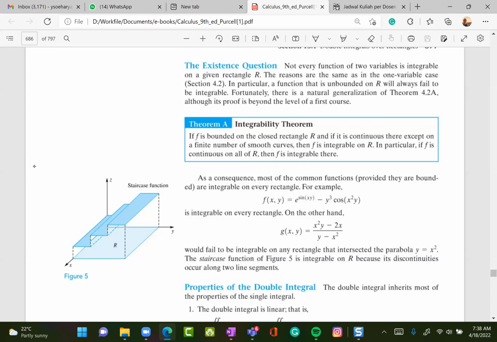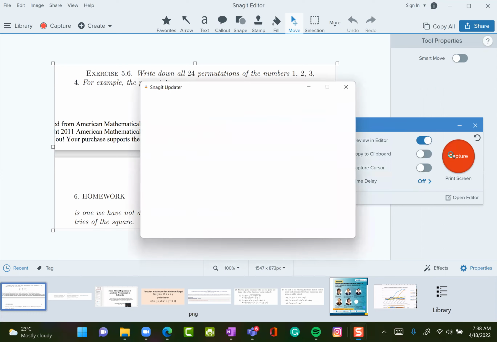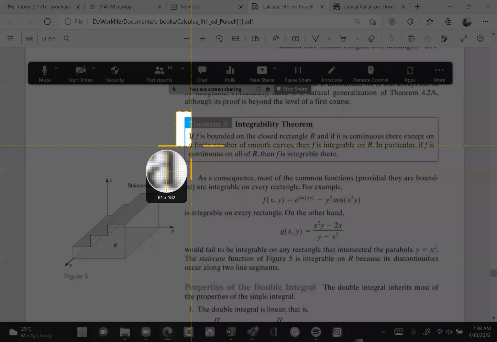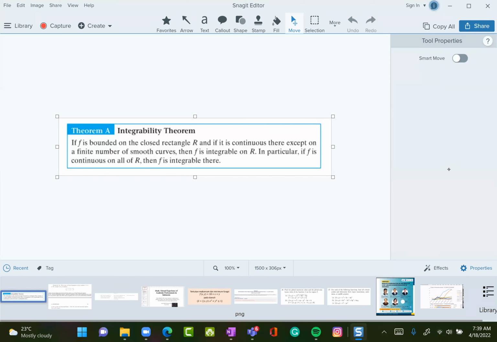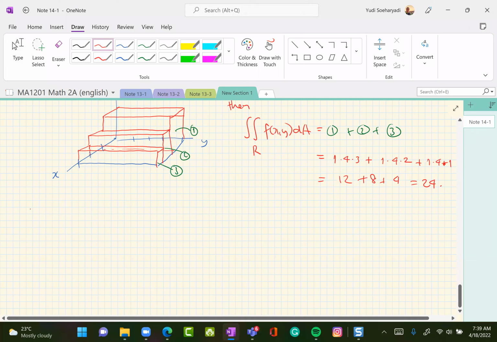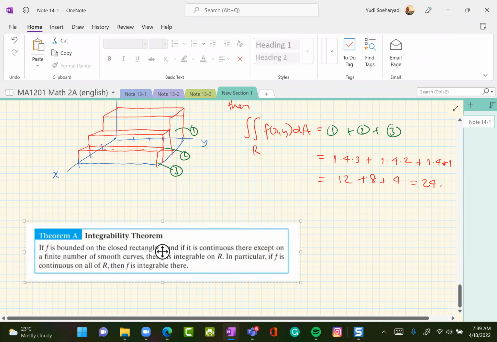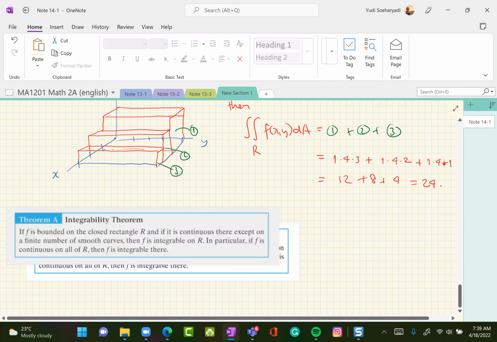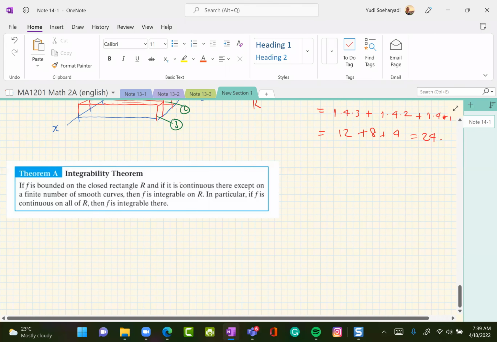Okay, so let's copy this one. This is basically the idea of what kind of function we can compute the integral of.